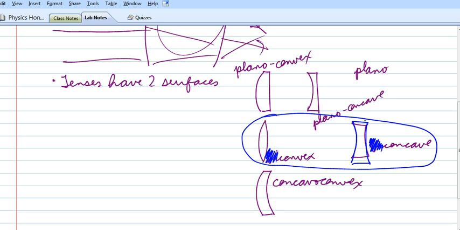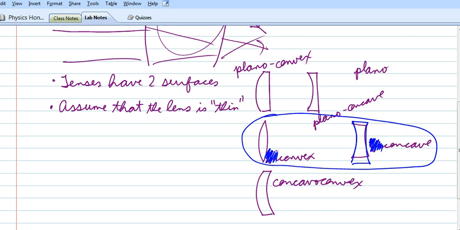Okay, that's important. The other thing that we're going to assume for the purposes of what we're doing right now is that the lens is thin. Not meaning that it did a Jennifer Hudson, it's on Weight Watchers or whatever.